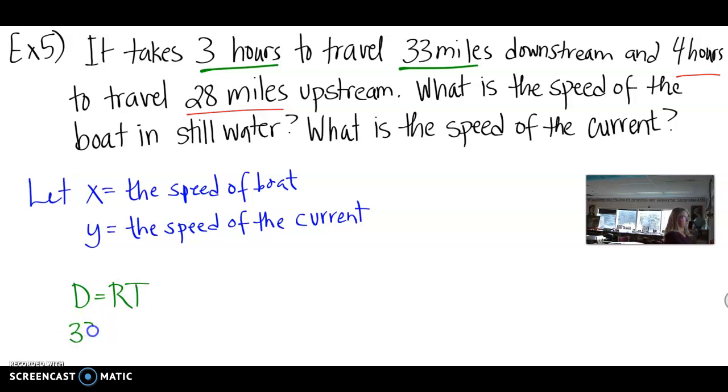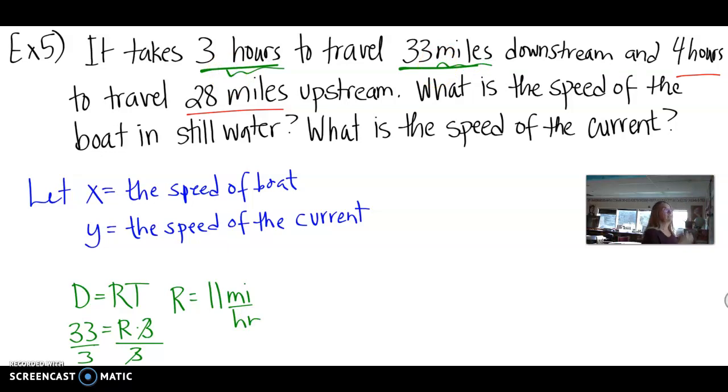So if I go a distance of 33, my rate is what I don't know yet, and then in 3 hours, that means if I divide by 3, and I divide by 3, and 33 was in miles, and 3 was in hours, so my rate is 33 divided by 3, which is 11, and it was miles per hour, because 33 is in miles, and we divided by 3 hours, so it's miles per hour.